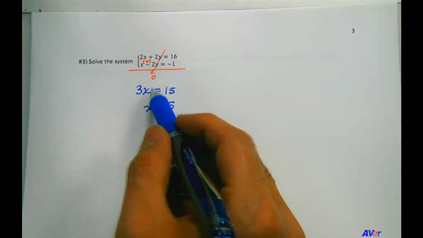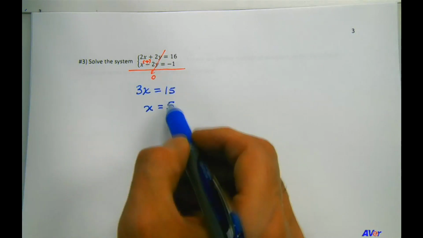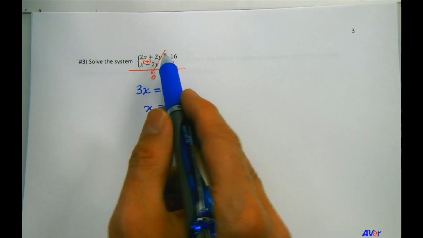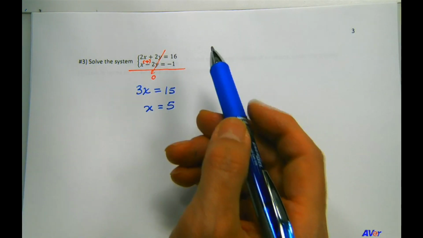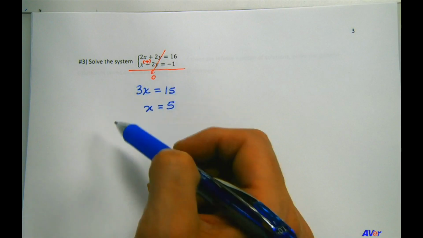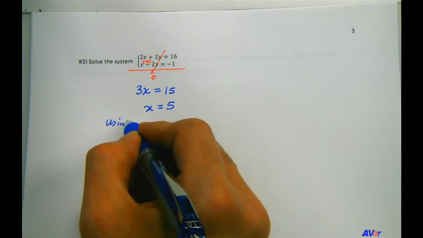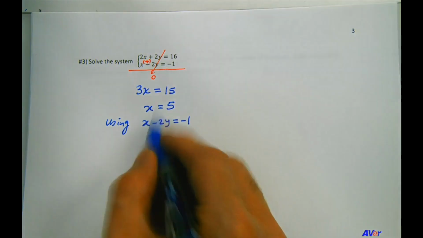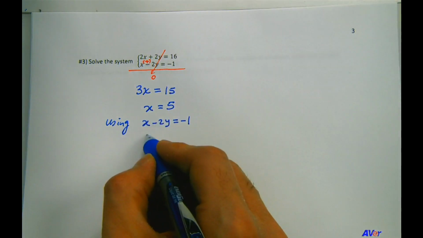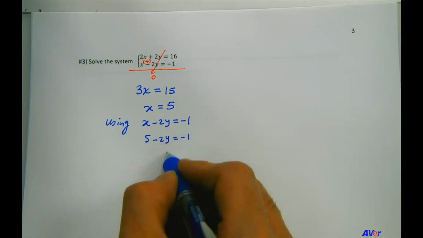Let's see where the y is. You can plug this 5 back into either equation. I usually pick the equation that I think is easier to work with, which is the bottom equation in this case. So using x minus 2y equals minus 1, let's substitute x with 5. So we have 5 minus 2y equals minus 1.